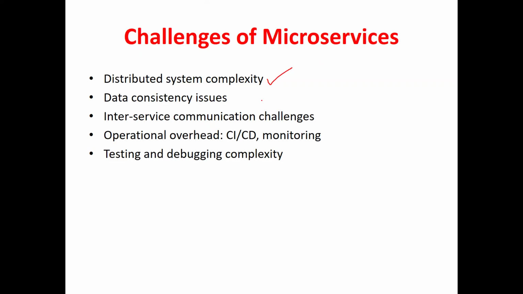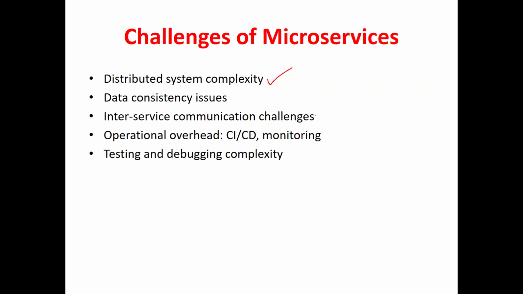Why? Because there are no relationship concepts like one to one, one to many, many to one. If you have a single project, you can make those kinds of changes. But when you divide into microservices, every database is different. Those kinds of mappings also may not be there based on the requirement.